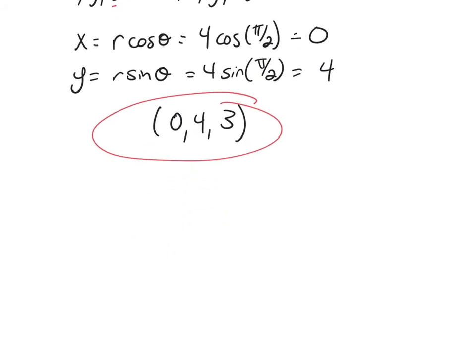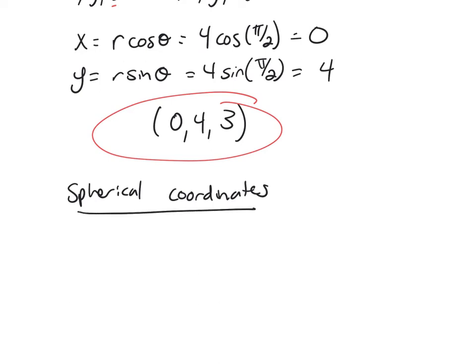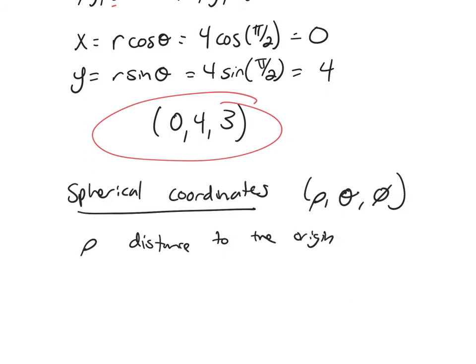So lastly, how do we convert from spherical coordinates? How does that system work? So remember, spherical coordinates is based on rho, theta, and phi. So rho represents the distance to the origin, or from the origin.